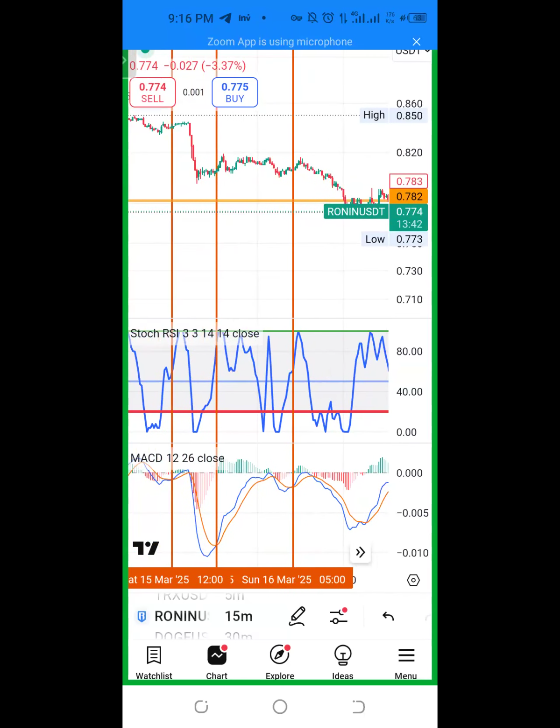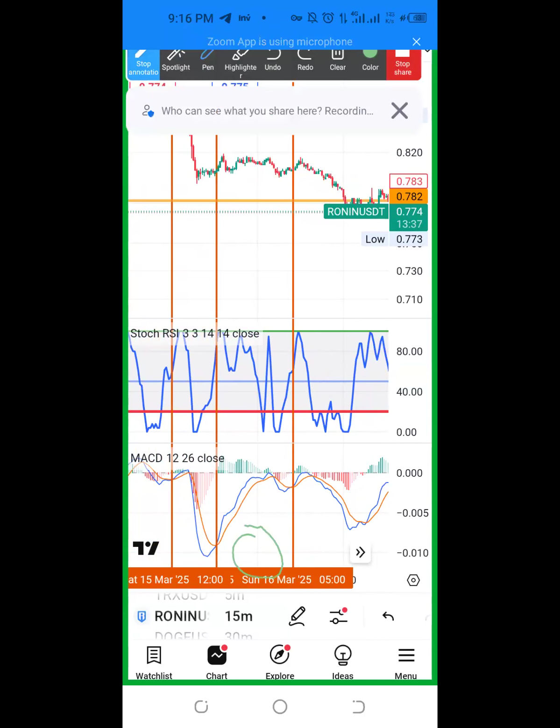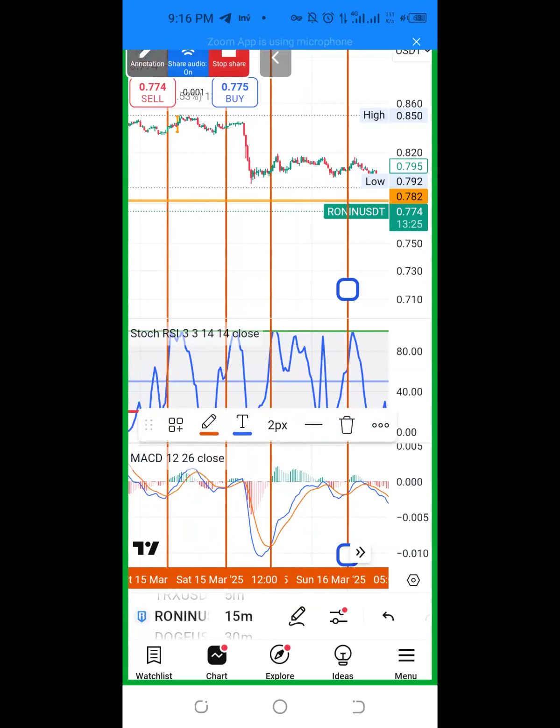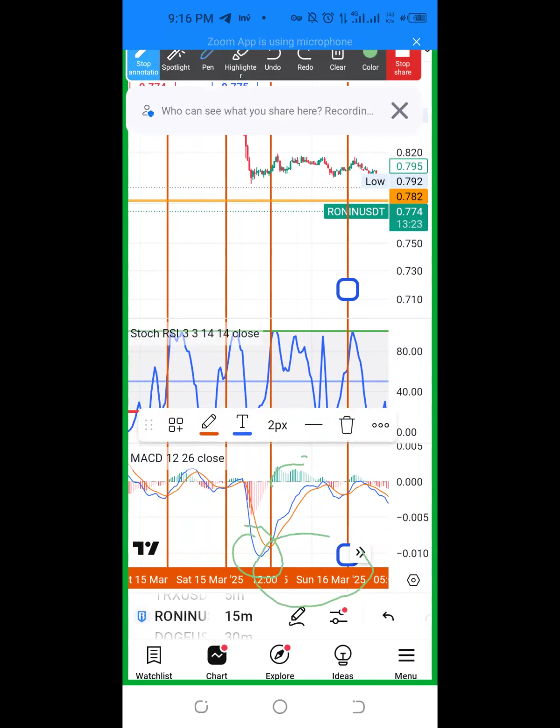You can see here that there was a golden cross on the 15th, Sunday. Then on Saturday, there's another golden cross.